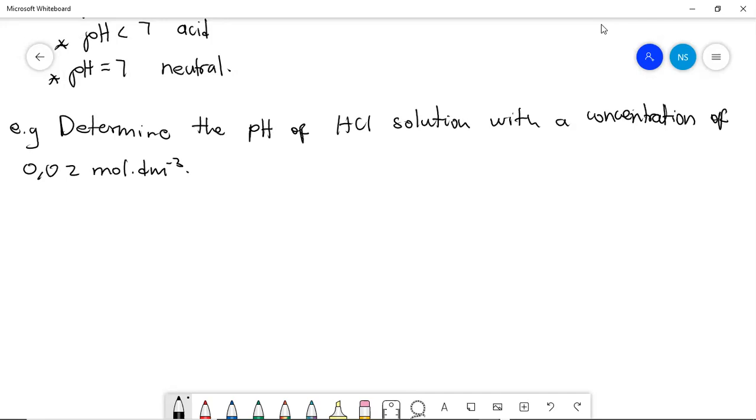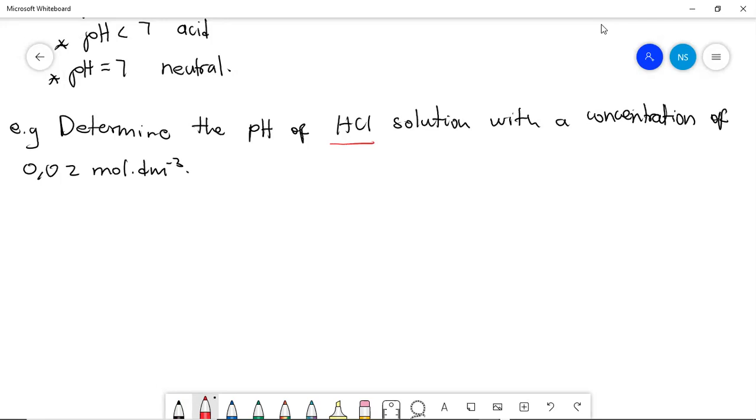So how are you going to answer this? These are the things that you need to consider when you're answering these types of questions. Number one, you have to first acknowledge that HCl is a strong acid.